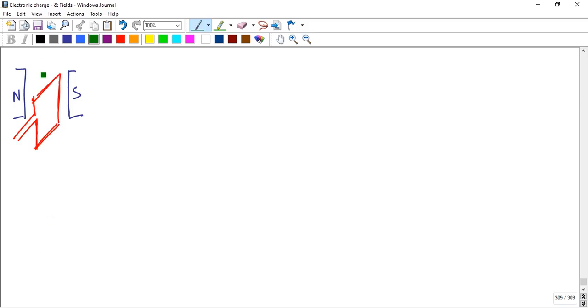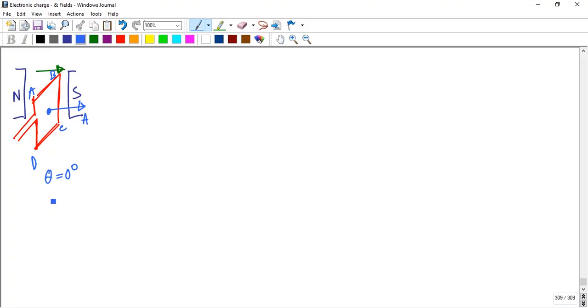Okay, so the magnetic field is north to south, and suppose these are A, B, C, D. If the area and magnetic field are both in the same direction, obviously theta is 0 degree.